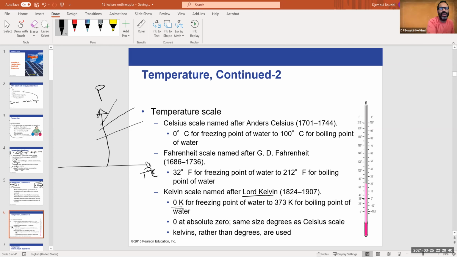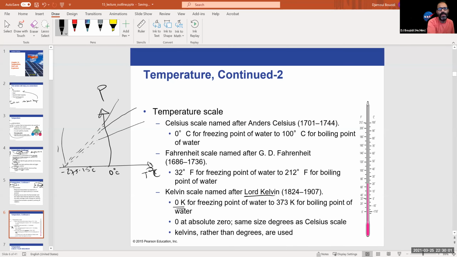What they did is extrapolate the data, and they found that all gases seem to have no pressure at a temperature of negative 273.15. That is why we shifted the scale from 0 degrees Celsius down to this temperature. This is where theoretically the pressure drops to 0.